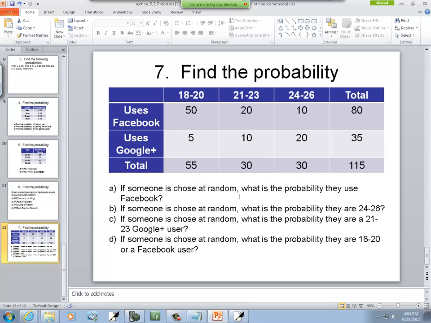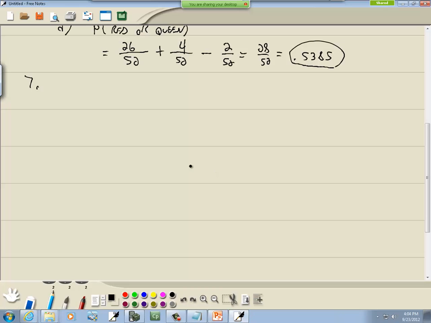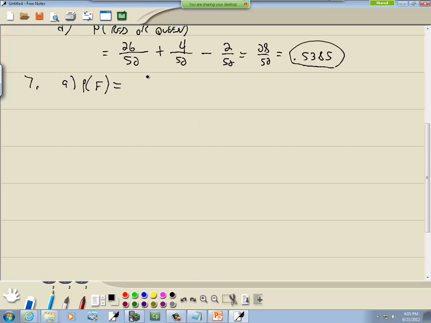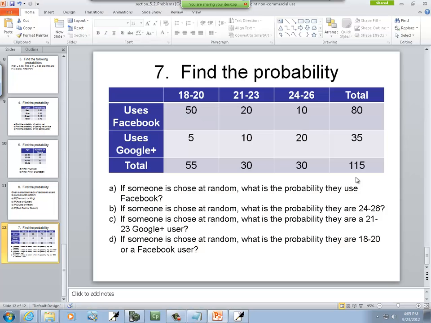So A: if someone is chosen at random, what is the probability they use Facebook? I'll just do F for Facebook. If I come over here, my total Facebook users is 80. So we'll put the 80 over our grand total, which was 115.